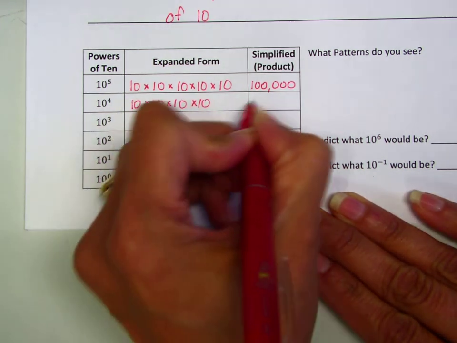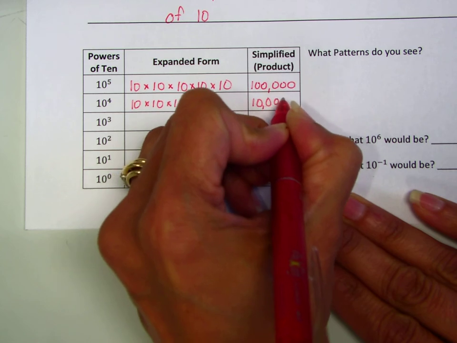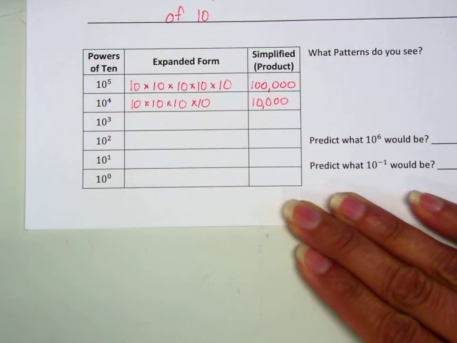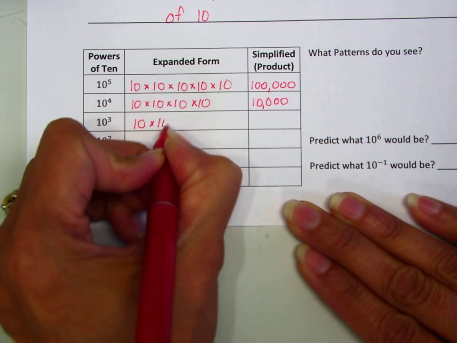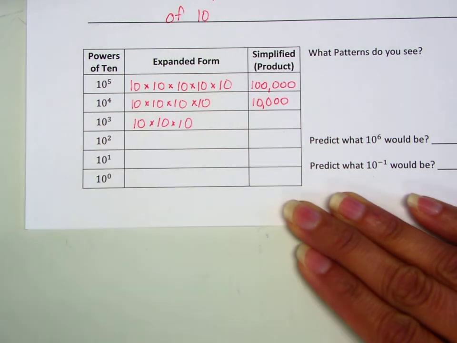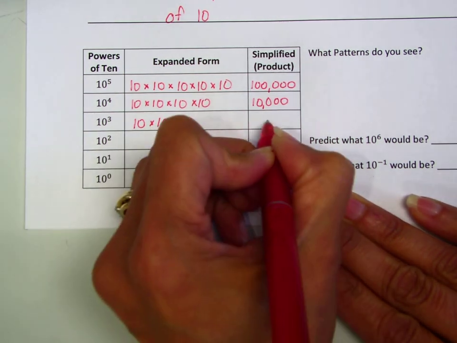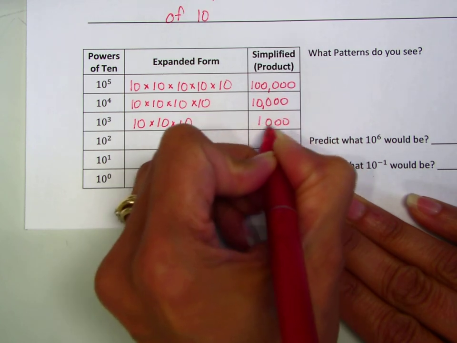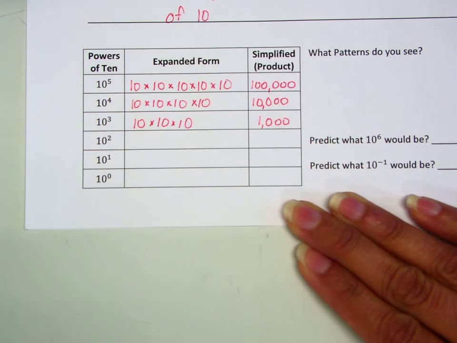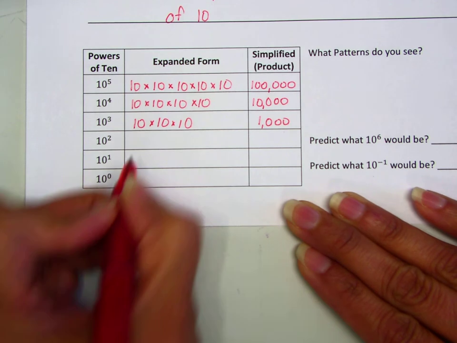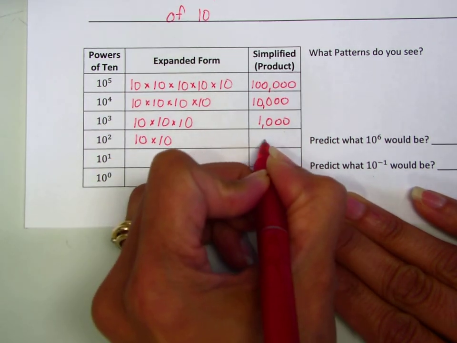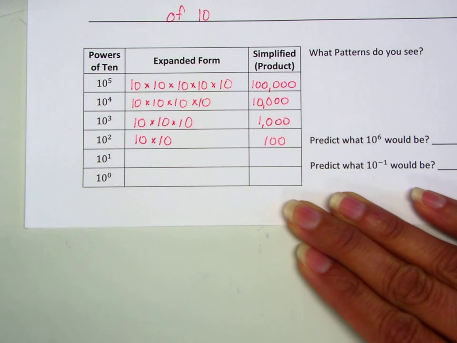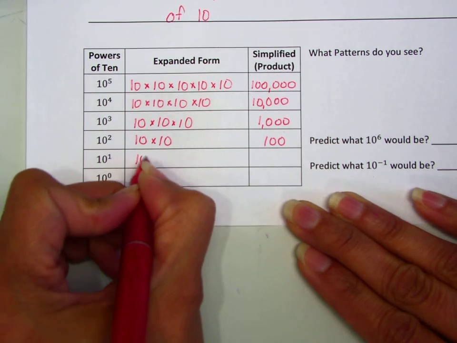And the product of that would be 10,000. 10 to the 3rd power would be 10 times 10 times 10, and the product of that would be 1,000. 10 to the second power would be 10 times 10, which is 100. And 10 to the first power is 10.